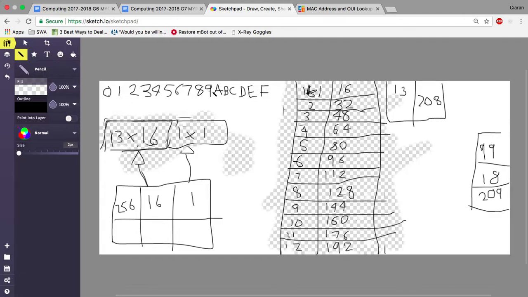So remember these letters represent 10, 11, 12, 13, 14, and 15. So in this case, we're actually going to have to write the number 13 as a D in the left column, and then 1 in the right column. So 209 can be represented as D1.